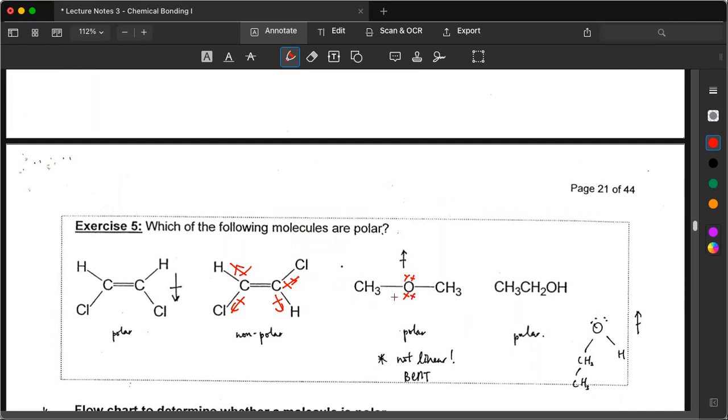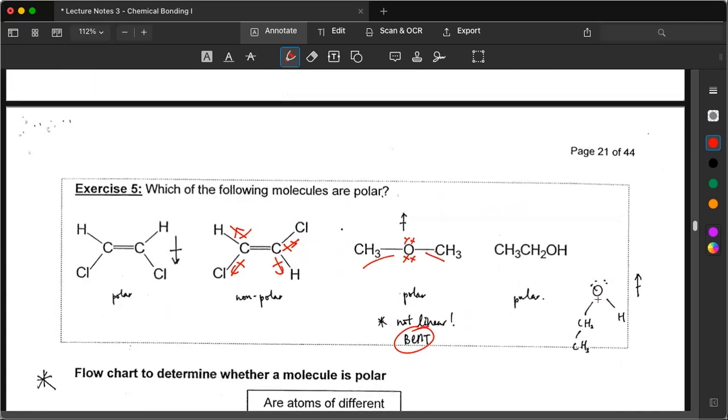So it's a bent molecule, it is not exactly this way. It's not linear. This one is definitely polar if you draw out the structure. Yep, this and this are different.